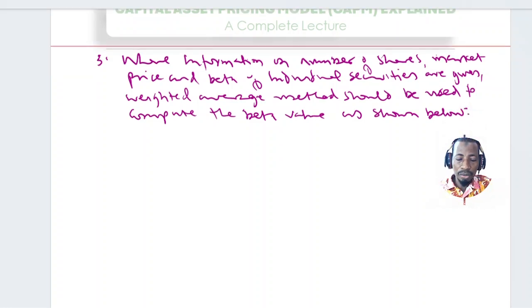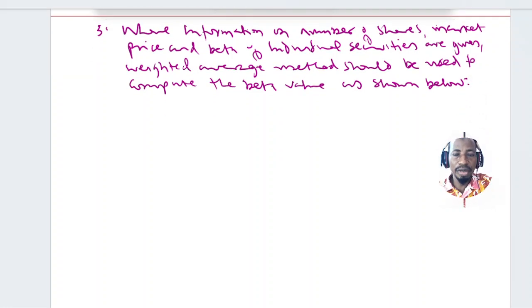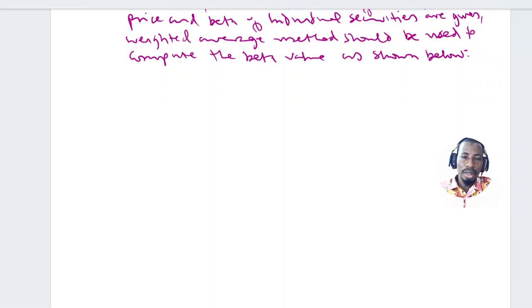So when you want to calculate the overall beta of a portfolio using the weighted average method, if in the question you are given the number of shares and the share price, including the beta value of individual securities, first thing first, you are going to calculate the total market value and the total weight of the entire portfolio. To do this, you are going to create about 6 columns.